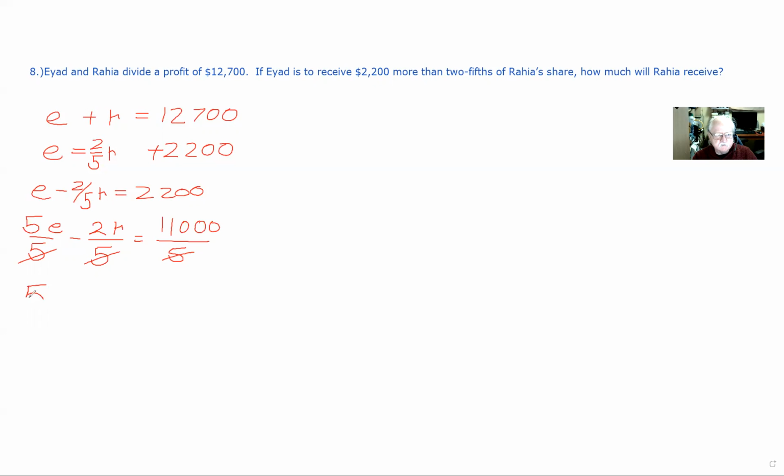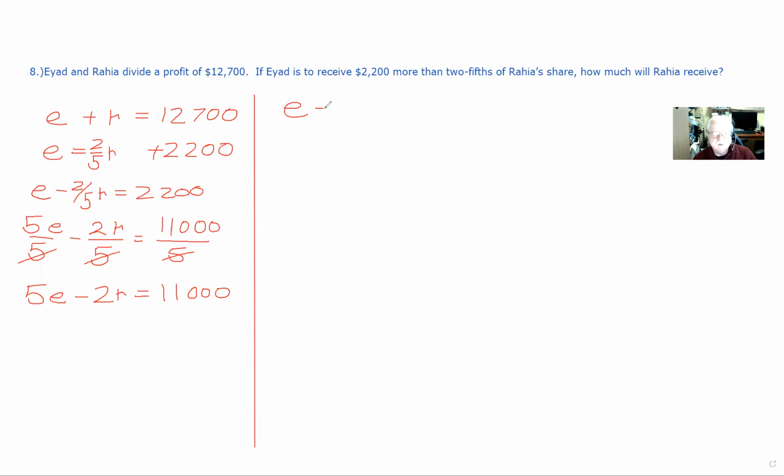So this becomes 5E take away 2R equals 11,000. And now we have an equation in the standard form with no fractions. So let's work with those two equations and use the method of addition to solve this.